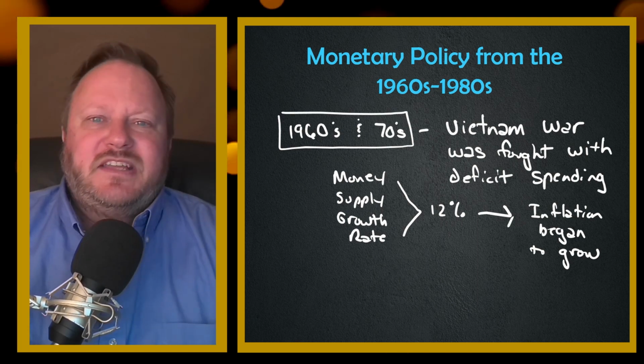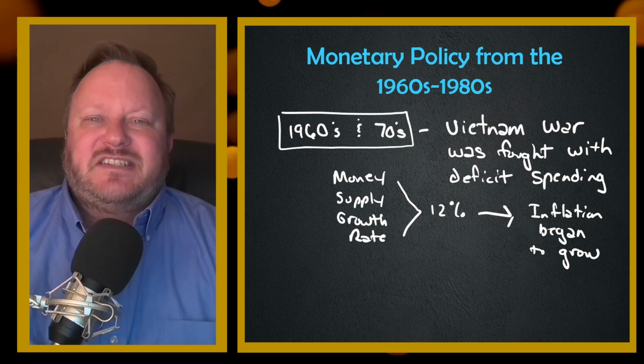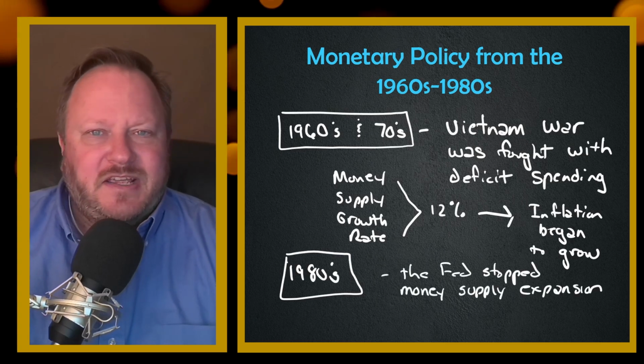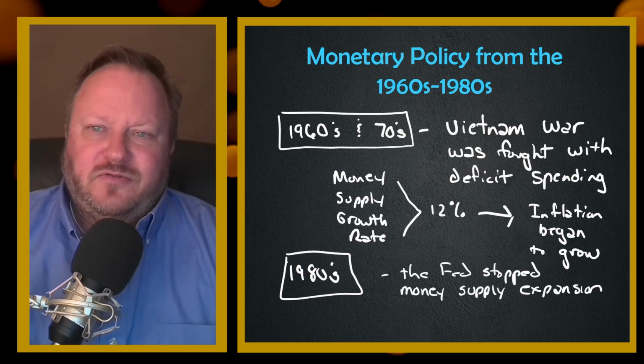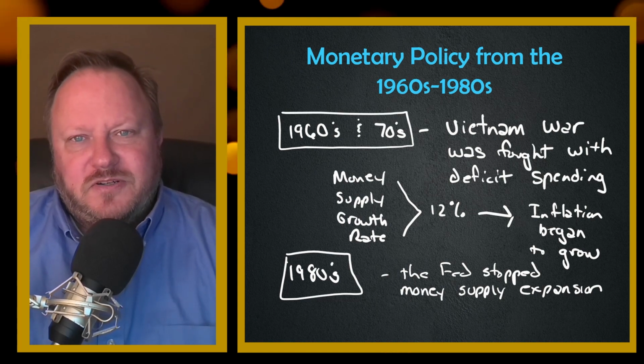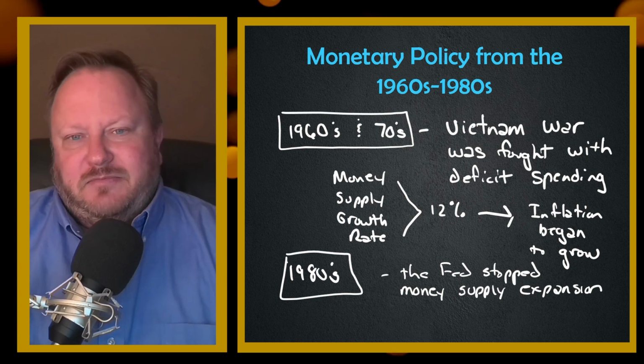But policy begins to change in the 1980s. The Federal Reserve stopped money supply expansion. They said, we can't keep doing these short-run efforts to pump more money into the economy. We have to deal with interest rates, and we're going to have to constrict the money supply.